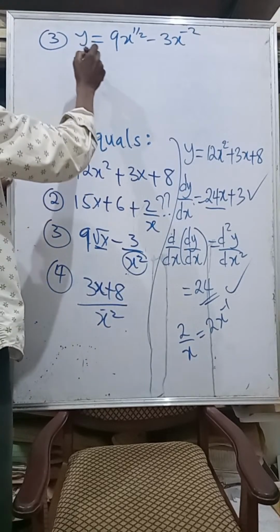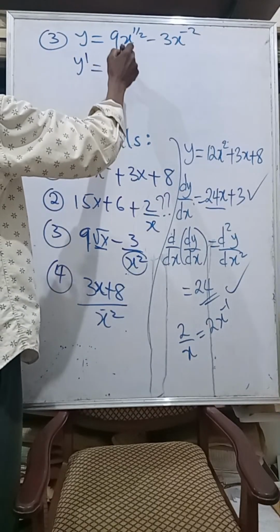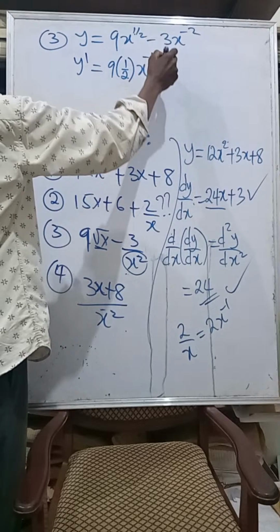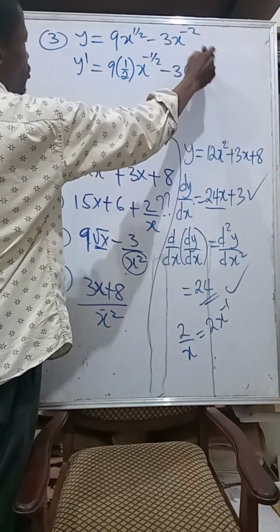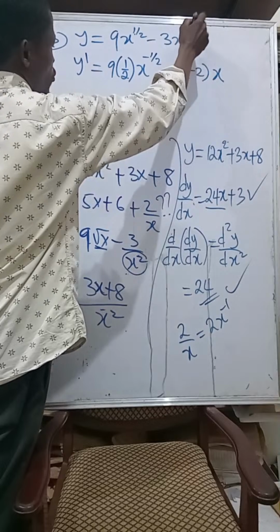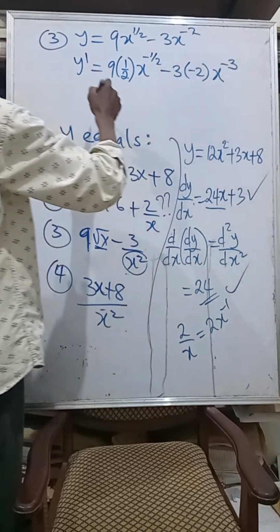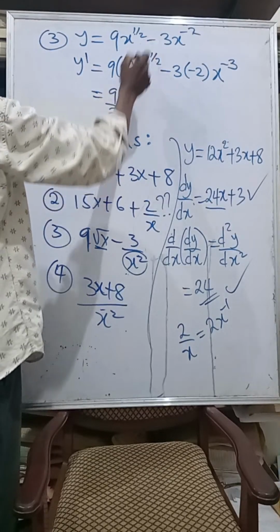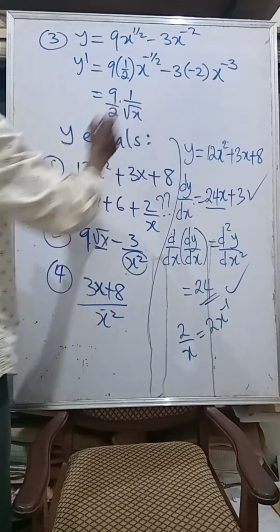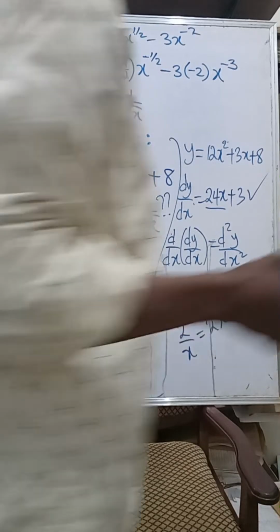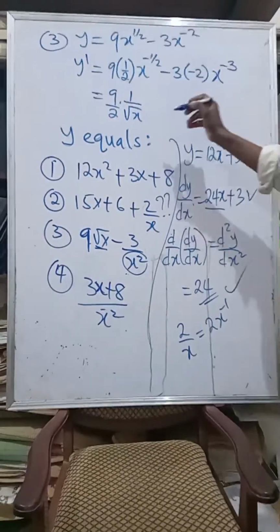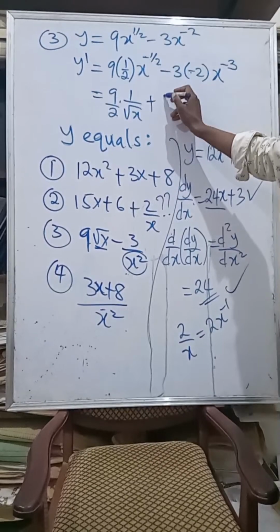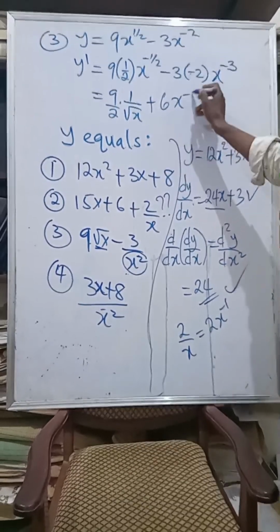So get the first differential, which is 9 times 1 over 2, and then half minus 1, that's minus half, minus 3 times minus 2, x to the power minus 2 minus 1, minus 3. So I'm having 9 over 2 times this minus, which is 1 over root x, 1 over x to the power half. So minus times minus, that's plus. That's a 3, that's a 6x to the power minus 3.